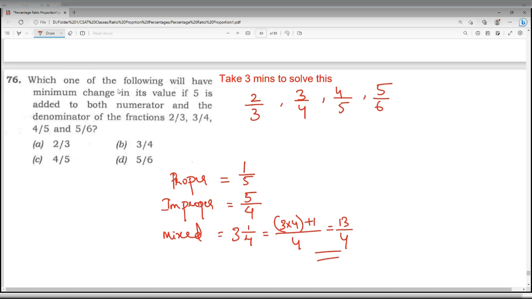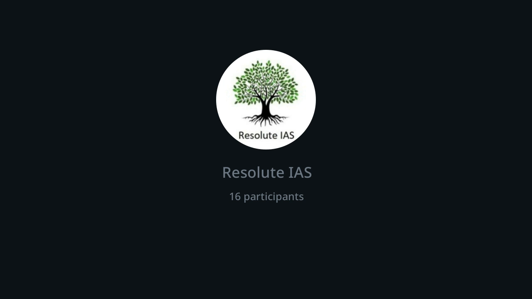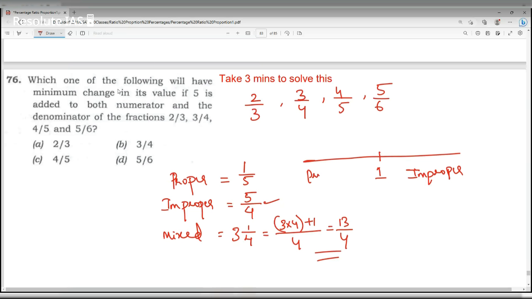So what I had earlier explained is, proper fractions are less than 1, and improper fractions are more than 1. So improper fractions will be on this side, and proper fractions on this side. And if you add equal numbers to the numerator and denominator of a proper fraction, the number would approach 1.